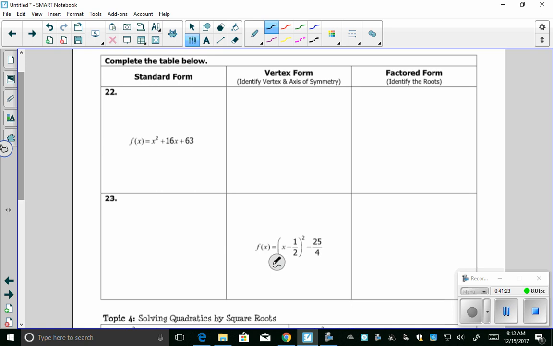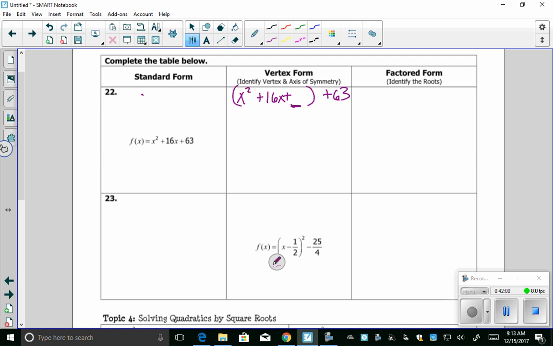Well, if you remember, when we were converting to vertex form, we would write everything the same as x squared plus 16x plus 63, and we left this blank.